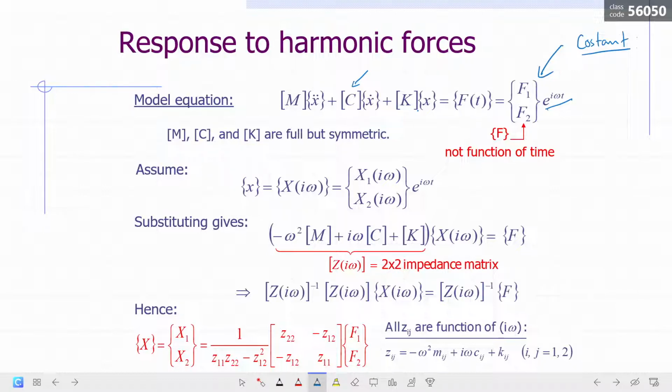So in order to analyze this system, this equation, we use the Fourier transform or another equivalent method. Actually, this is just like a Fourier transform.